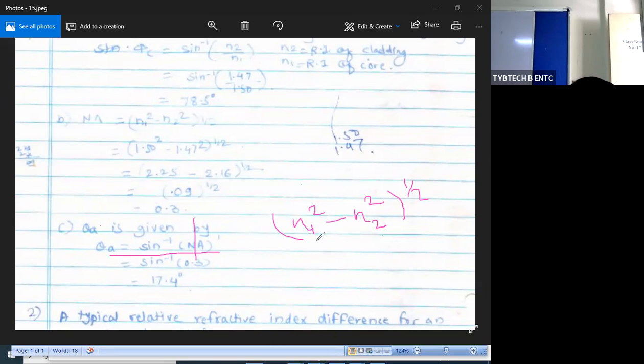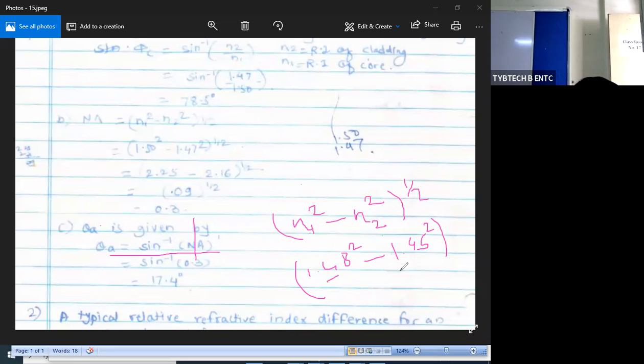Now I am talking about the numerical we were given. In the given numerical, what is the value of N1? 1.48 square minus N2, which is 1.45 square.